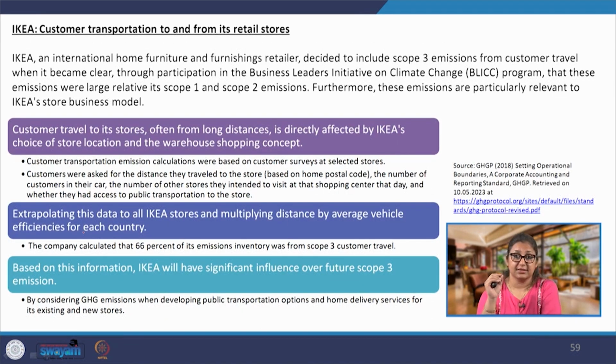One last example that I am going to take here today is that of IKEA. So, IKEA here, what we have shown is that the customer travel to IKEA stores is considered as part of scope 3. IKEA as a business was concerned about this, and the choice of location of the store.